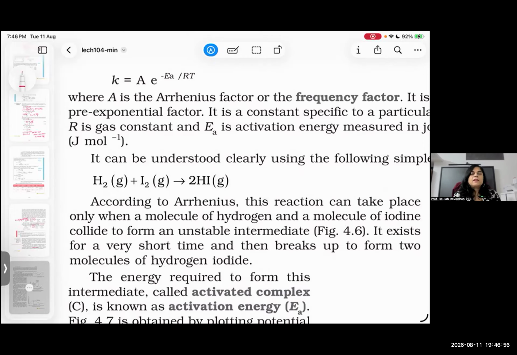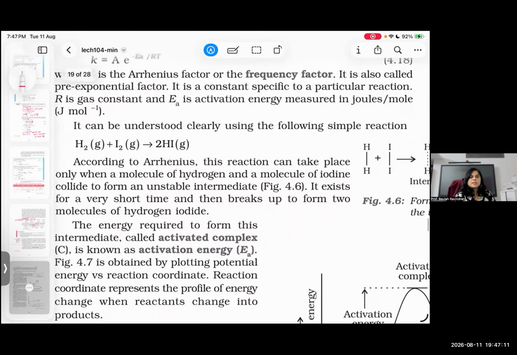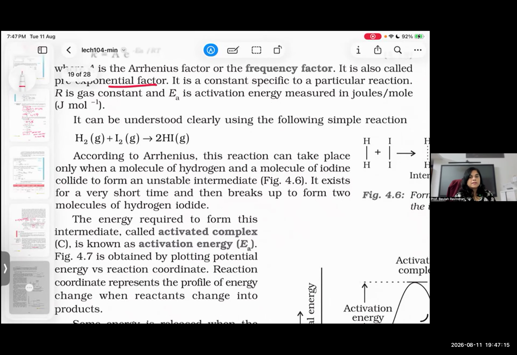The Arrhenius frequency factor is the pre-exponential factor, as it comes before the exponential, right? So you'll be given pre-exponential factor also. It is a constant specific to a particular reaction. R is the universal gas constant.